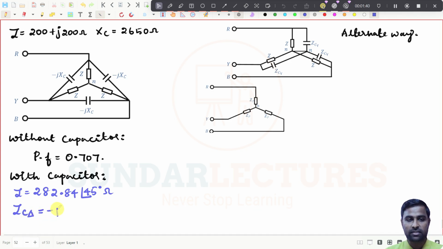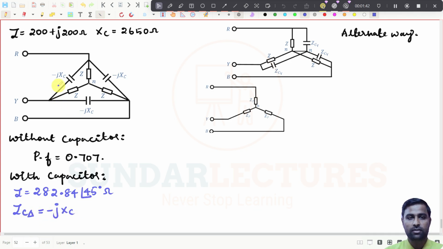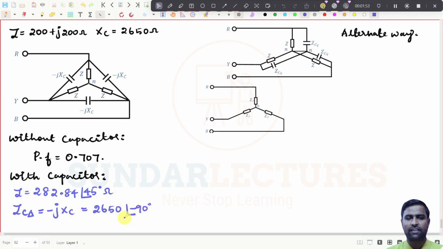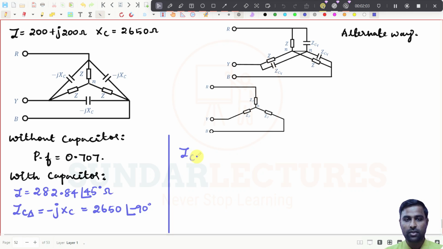It is minus jXC, right? And it will now be 2650 at an angle of minus 90 degrees. I have converted the j into minus 90 degrees. Now what is the problem here? What value will we get if we convert this into equivalent star?